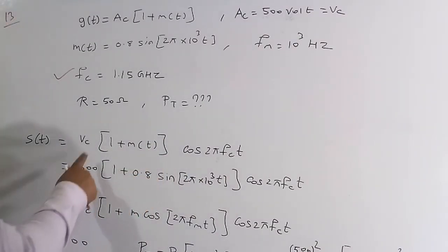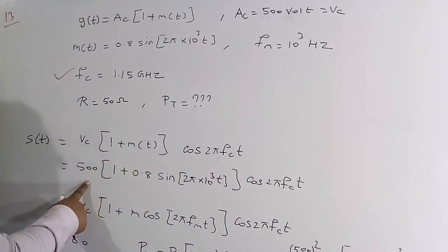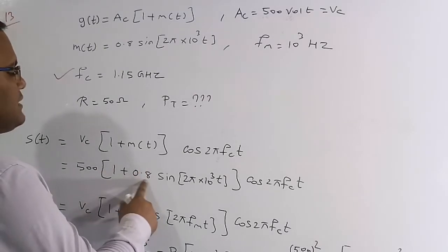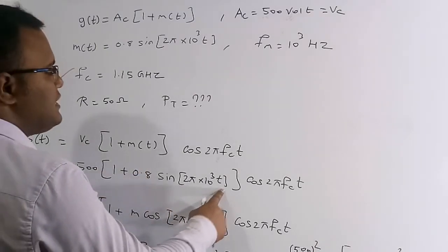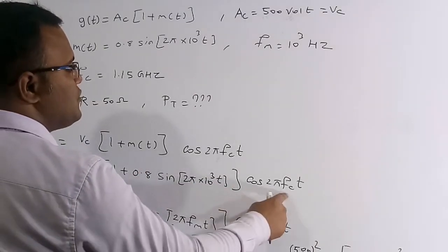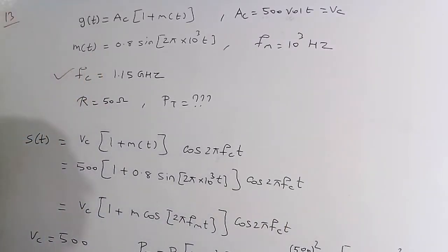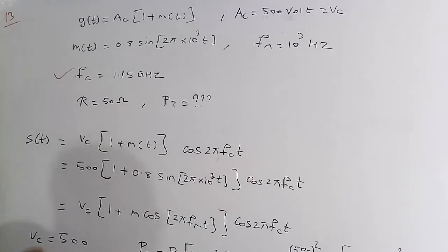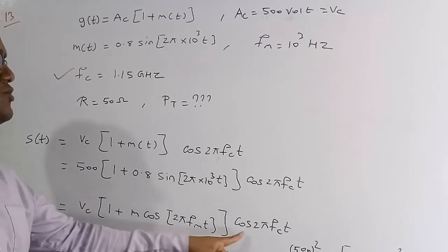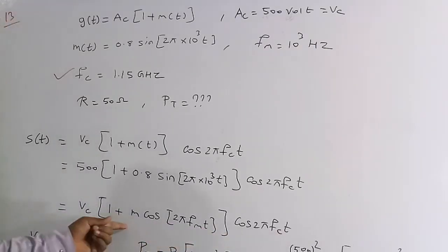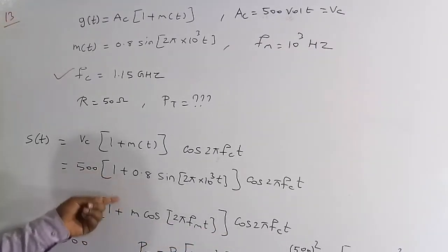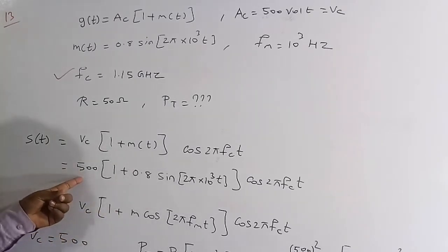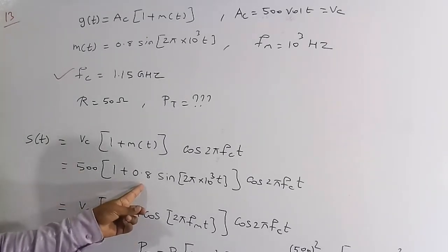Vc is equal to 500 volts, and m of t is equal to 0.8 sin of 2 pi into 10 to the power of 3 t. Now I am going to write the standard equation. For a single message signal, the AM wave standard equation is Vc into 1 plus m cos of 2 pi Fm t, into cos of 2 pi Fc t. If you compare these two equations, Vc is equal to 500 and m is equal to 0.8.